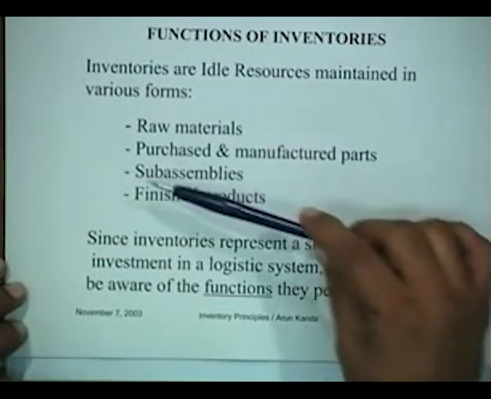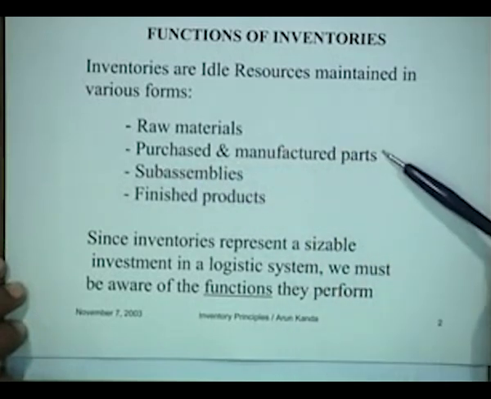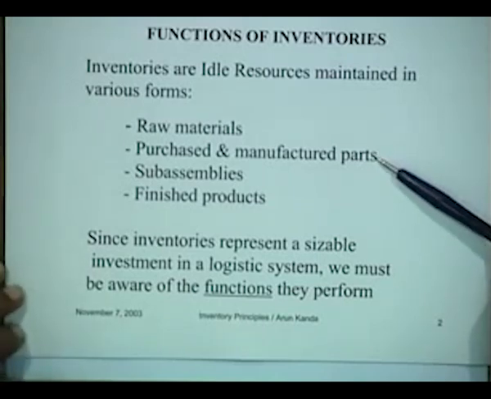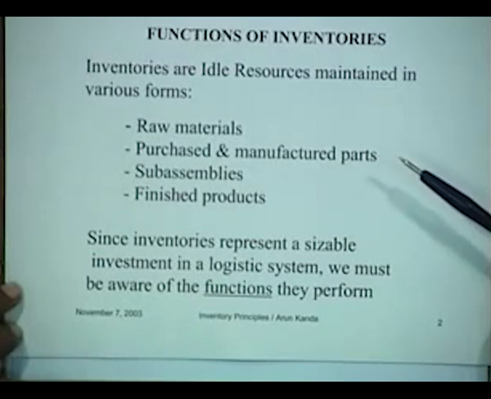Then inventory may be in the form of purchased and manufactured parts, which have to be purchased from outside, and parts which have to be manufactured within the plant. Both of them constitute inventories, and you find inventories at that level.